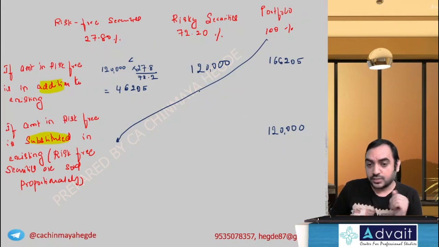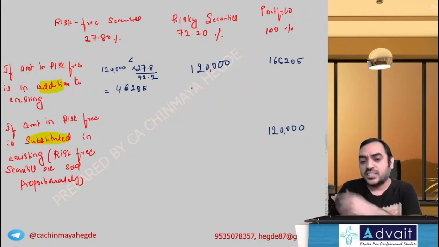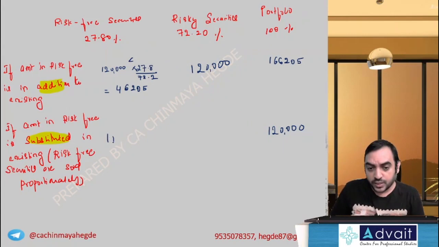Just divide in the ratio 27:72. 1,20,000 into 27.8 divided by 100 gives 33,360. And the remaining in risk-free securities is 86,640.